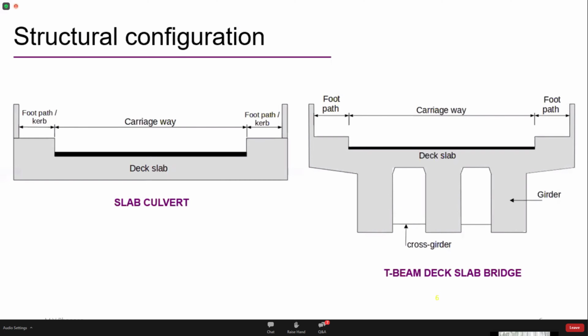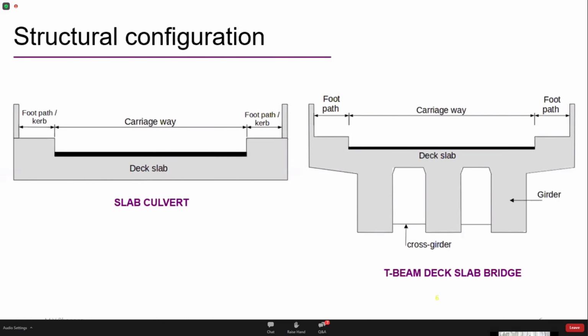But when we look at these more complex structures, as in case of a T-beam deck slab bridge, we have several structural components. The first thing we notice is the deck slab, and below this deck slab, it is supported by the longitudinal girders and the cross girders. So the fundamental difference between the deck slab of a slab culvert and of a T-beam deck slab bridge is here.